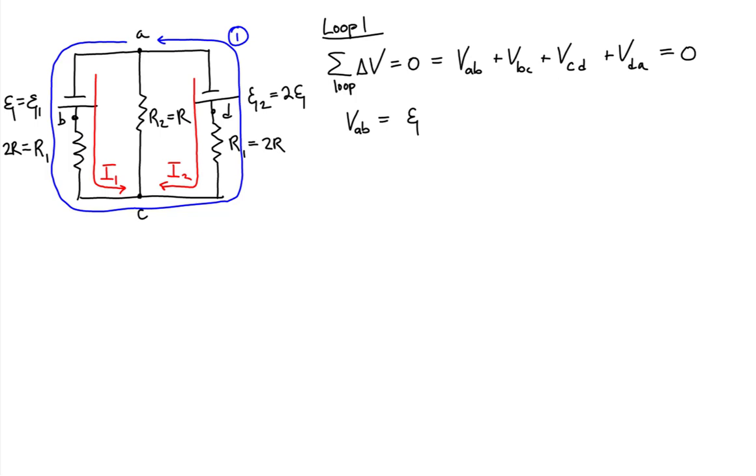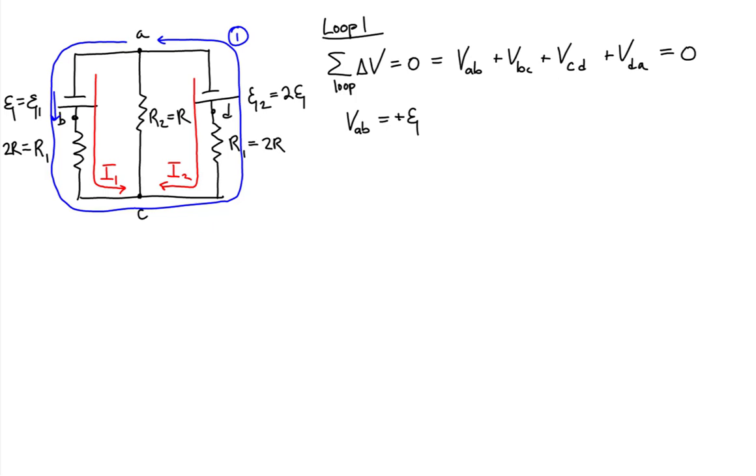Okay, so the potential difference from A to B is just the potential that goes across battery 1, which is psi. And it's going to be a positive EMF. And the reason why it's positive is because we are going across battery 1 from the negative terminal of battery 1 to the positive terminal of battery 1.